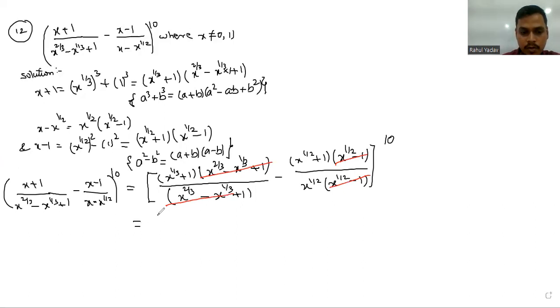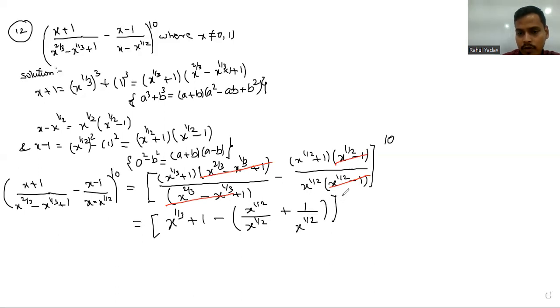What we get in the next step is x^(1/3) + 1 minus (x^(1/2) + 1)/x^(1/2). Right, student? In the next step, if you see, x^(1/2) and x^(1/2) can be cancelled out.